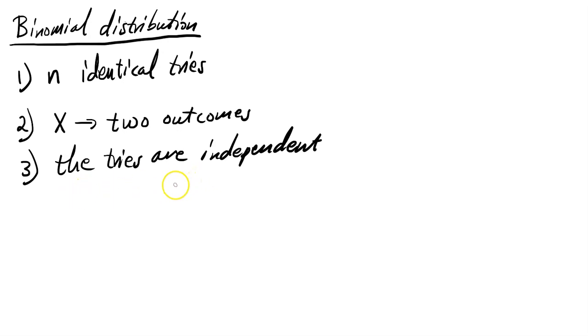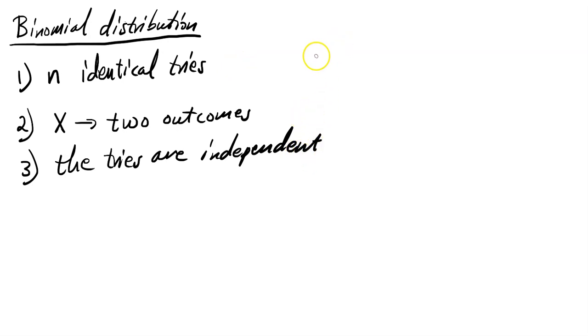So in this case they are independent. If you instead drew cards from a deck and didn't replace them, then the different draws would be dependent, so that would not qualify. But if you have these 3 conditions, it qualifies as a binomial distribution. So you have 2 different outcomes on each try, and you do n tries, and the tries are independent.